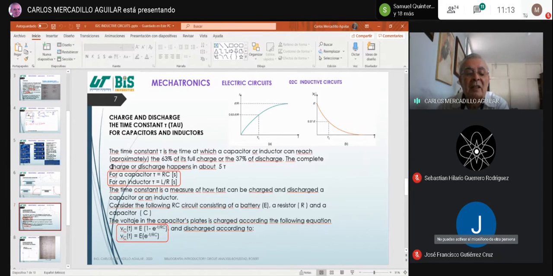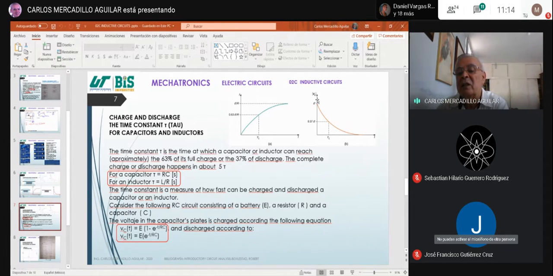The complete charge or discharge happens in about 5 tau. That means that after 5 time constants, 5 times the time constant, the charge or the discharge will be complete. It is not properly scaled here, but when we have 5 time constants, we will have a steady state value.